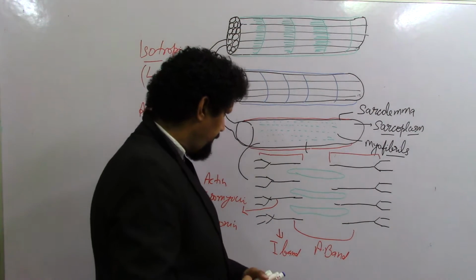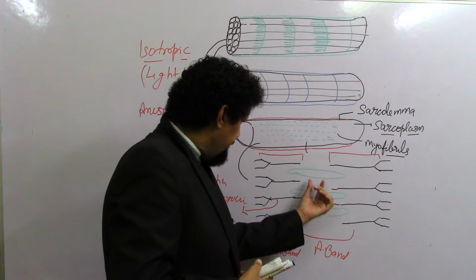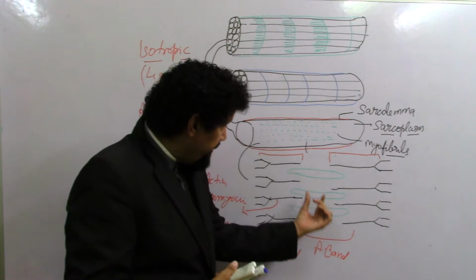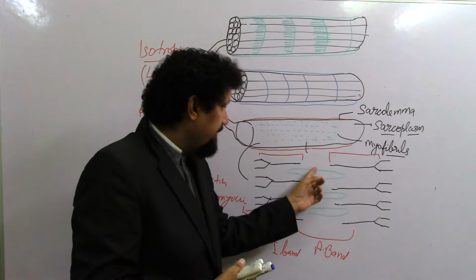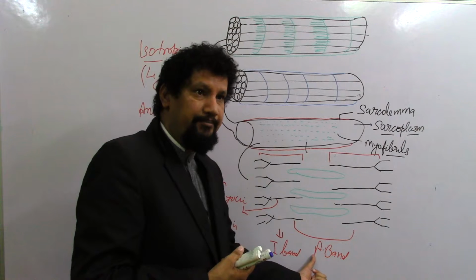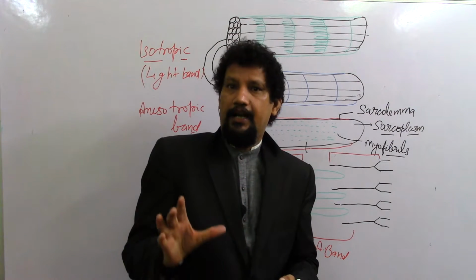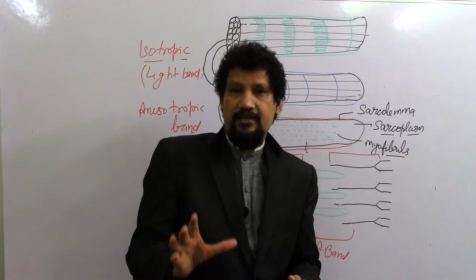And the median part or the central part of this A band is comparatively lighter, and this is known as H zone.